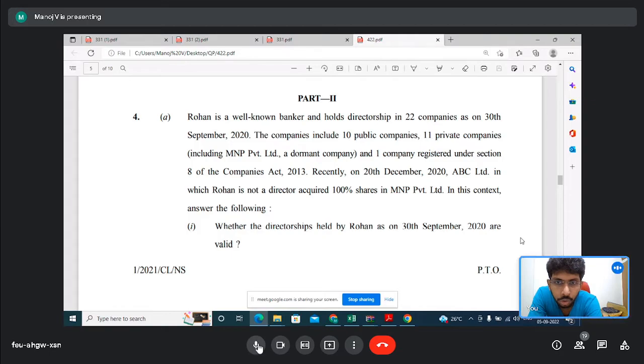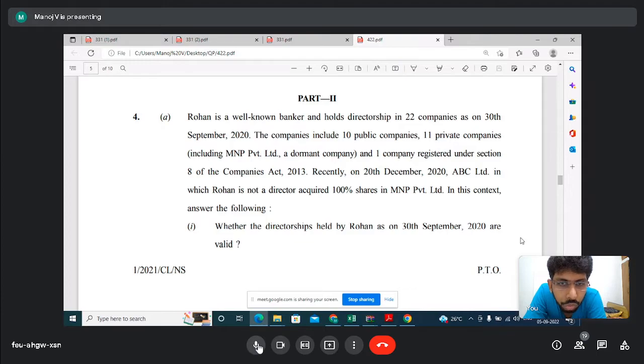Rohan is not a director, acquired 100% shares in MNP Private Limited. So the dormant company got acquired by 100%. Okay. So it is a public company, so it's increased by 11, one extra. Wholly owned subsidiary is exempt, sir, from that limit.